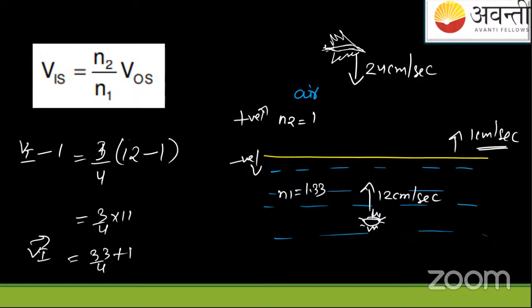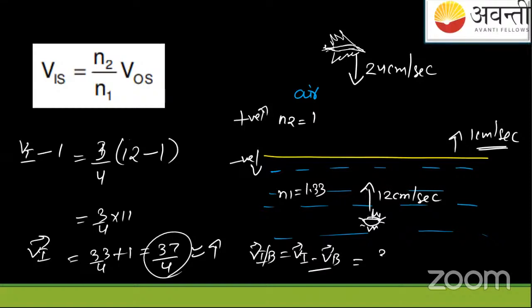So this answer is 37 by 4. Once you get the velocity of the image, now with respect to the bird, what does it mean? Velocity of image is positive. So velocity of image with respect to bird means velocity of image minus velocity of bird.